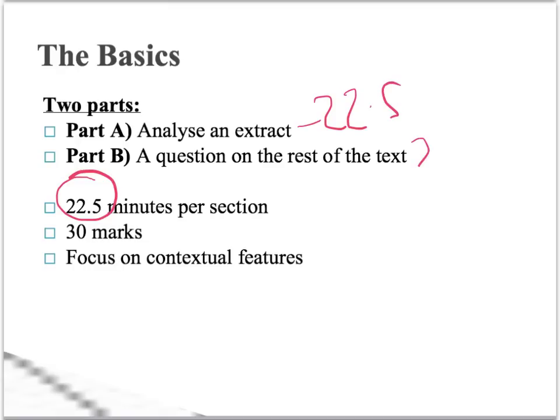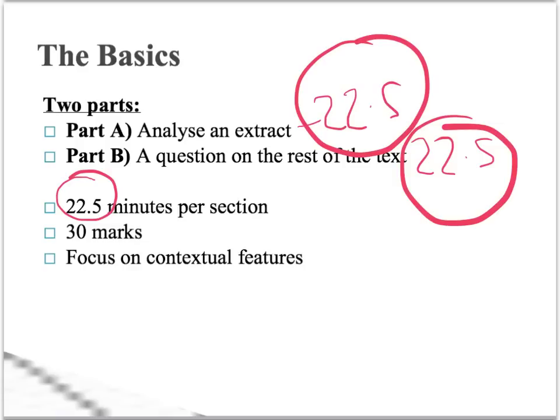But the two are equally important, and therefore time management is really quite important. 30 marks are available, just the same amount of marks as is available for Section A. And remember that it is hugely important to keep a focus on contextual features in your Of Mice and Men response.